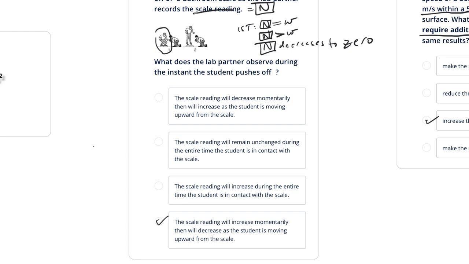The only picture, okay, so it's either this one or that one. So the weight is 800.